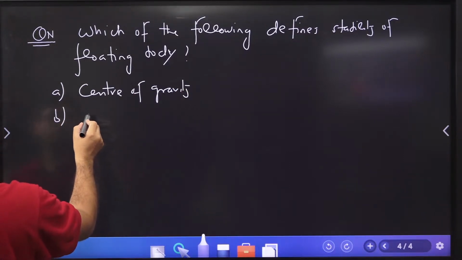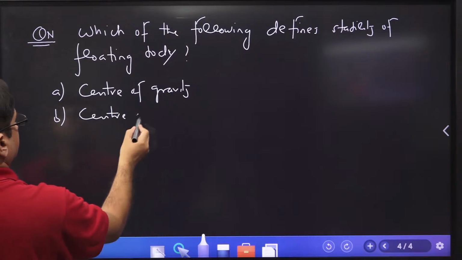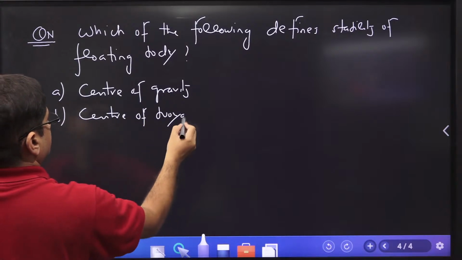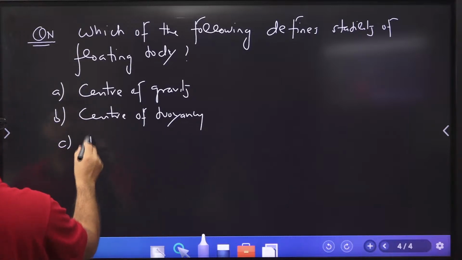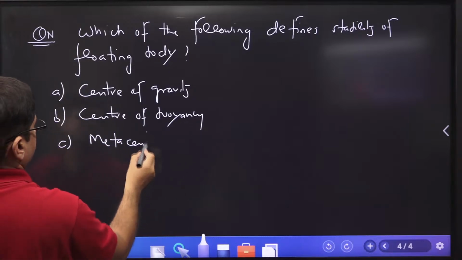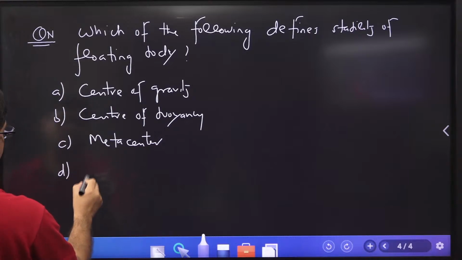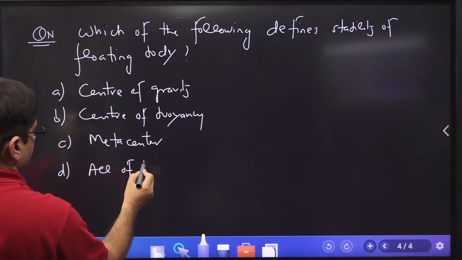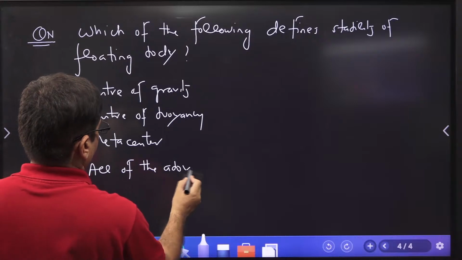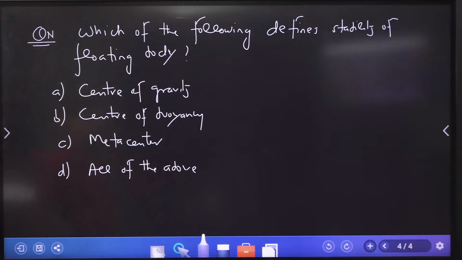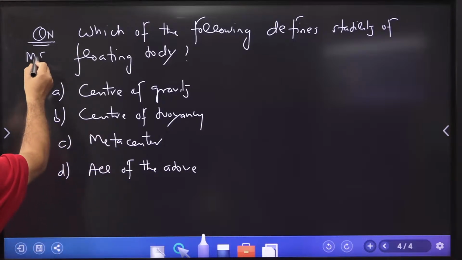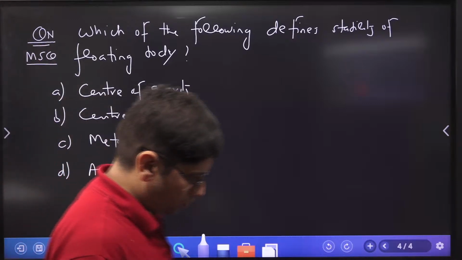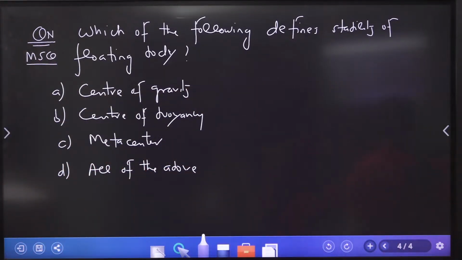Choice B, center of buoyancy. Choice C, metacenter. Choice D, all of the above. What answer will you go for? Let's take it as MSQ. Now, what answer will you give?